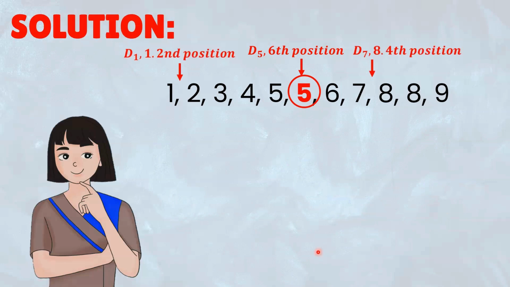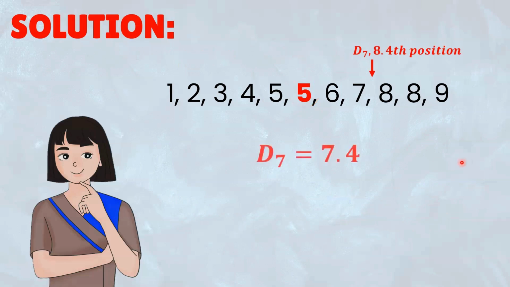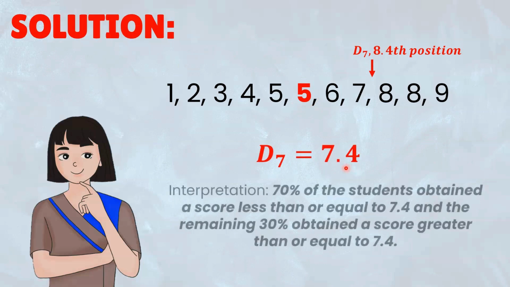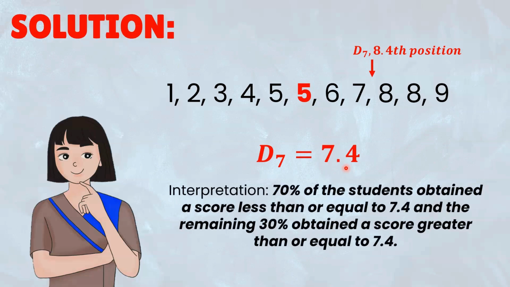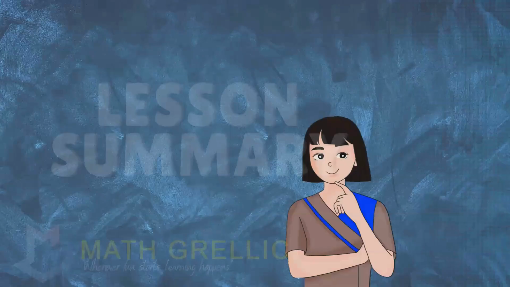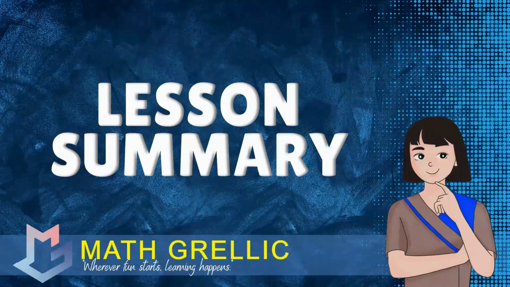And then finally, for decimal 7, which is equal to 7.4, it means that a score of 7.4, which falls on decimal 7, means that 70% of the students obtain a score less than or equal to 7.4, and the remaining 30% obtain a score greater than or equal to 7.4. Okay, so that ends our solution for example number 2.